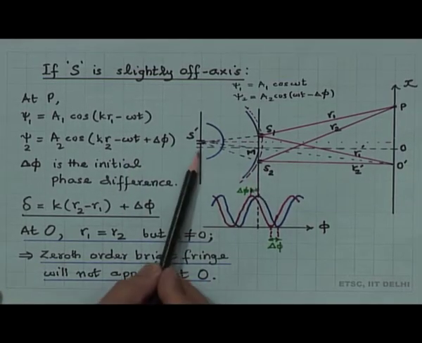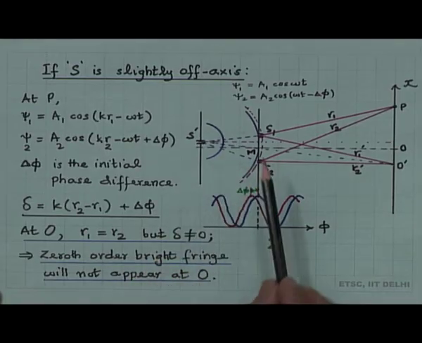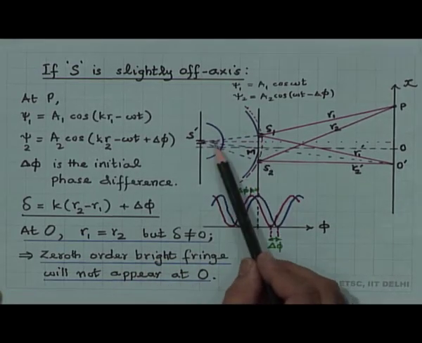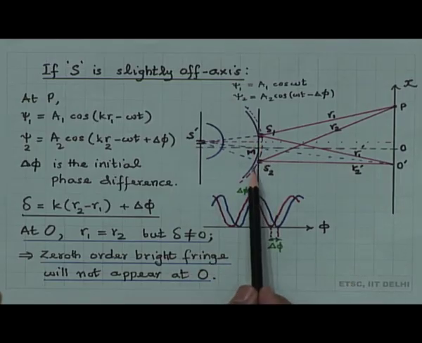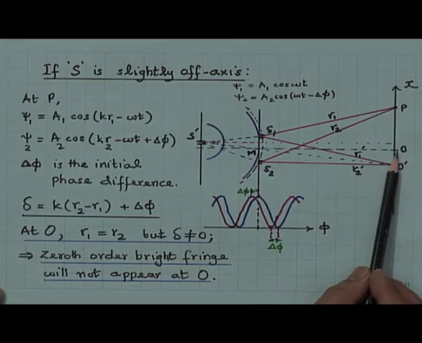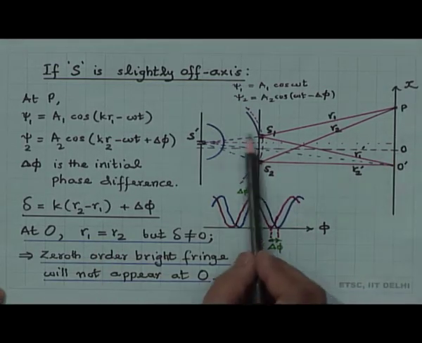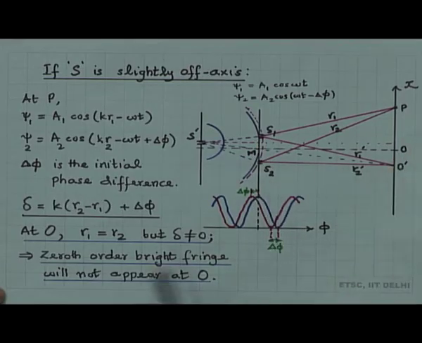All of this is because S dash is offset here, therefore this propagation distance is different from this propagation; this is smaller compared to this. Therefore, at the point O, R1 is equal to R2. So, this distance is the same, R1 is equal to R2, but delta is not equal to 0.